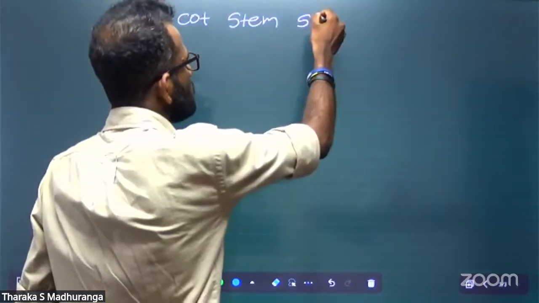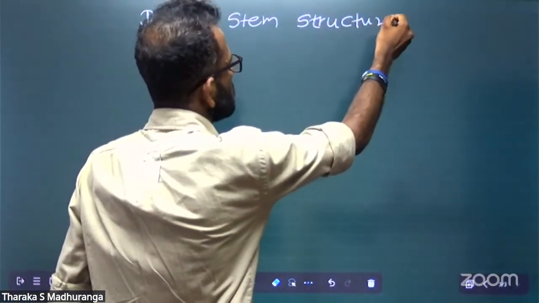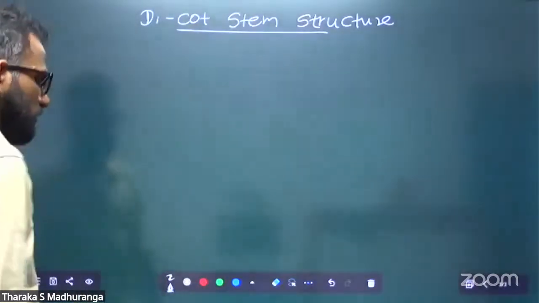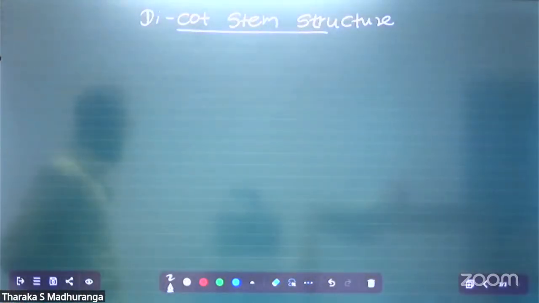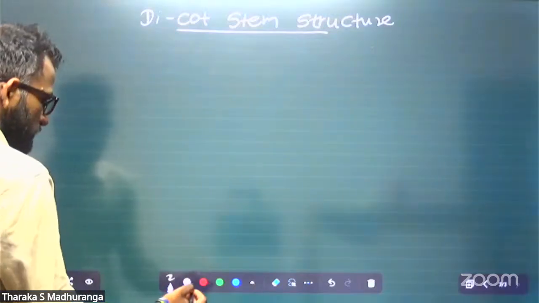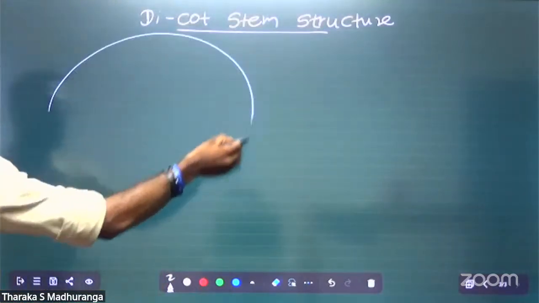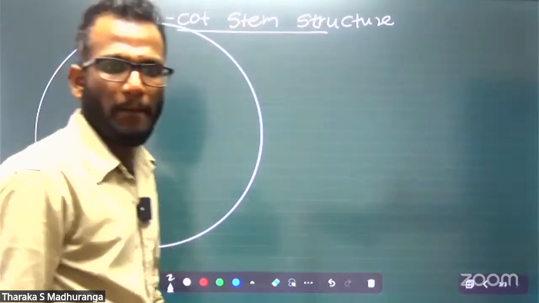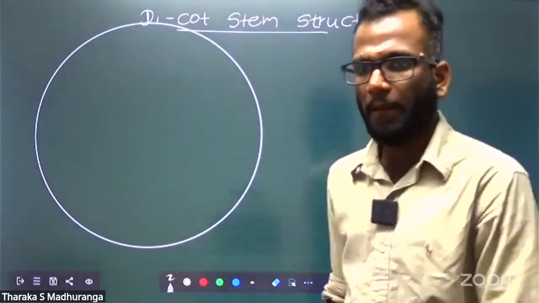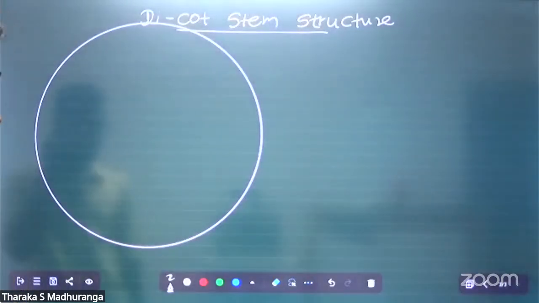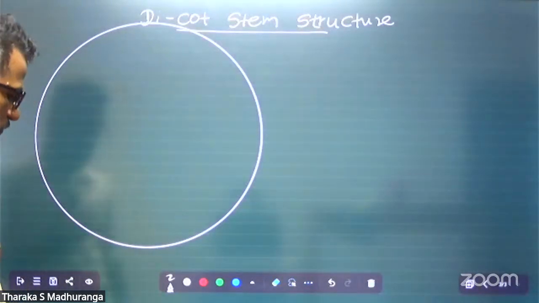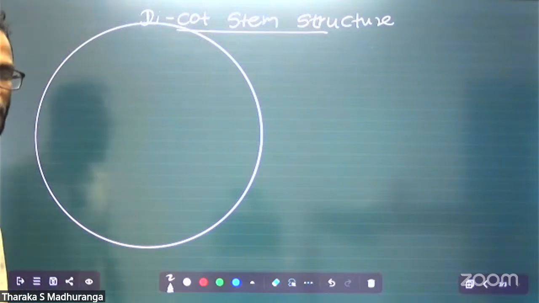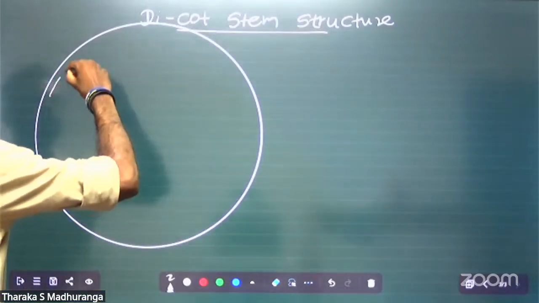This is the stem structure of a dicot plant. Okay, dicot stem. Draw a circle again. Then again draw a circle inside this.